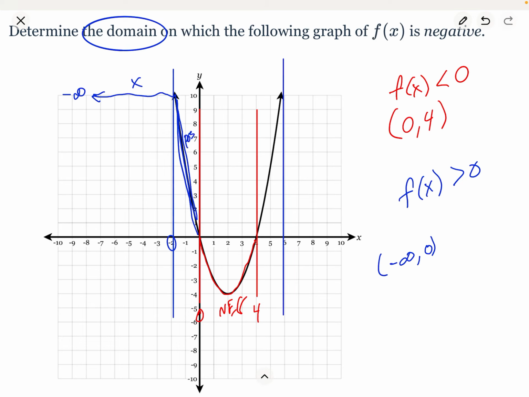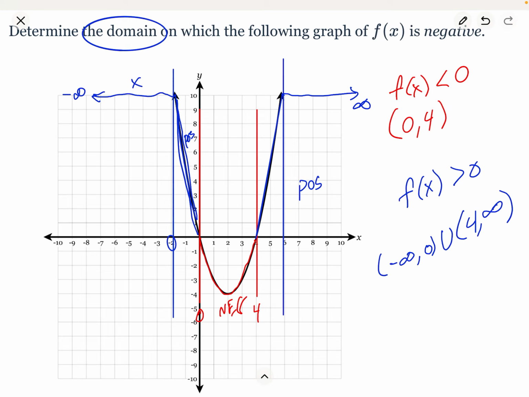And then the other part would be from 4, and again, this is not going to 6. It's actually going out to positive infinity. So we would put positive infinity, and that would be this part of the graph. As you can see, it's above the x-axis, so it's positive.